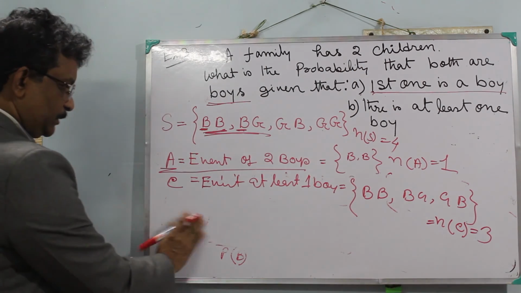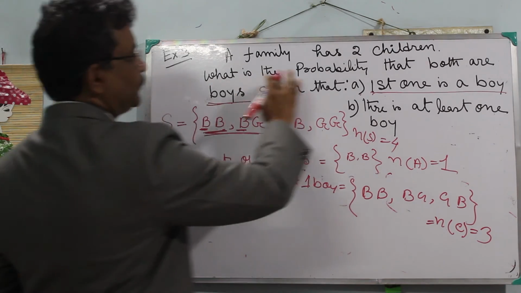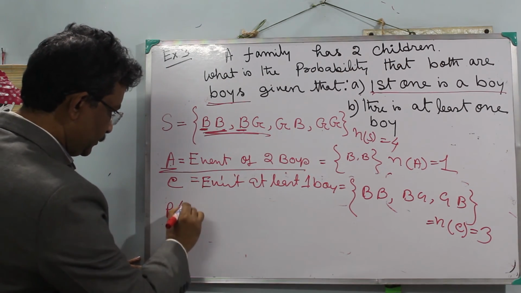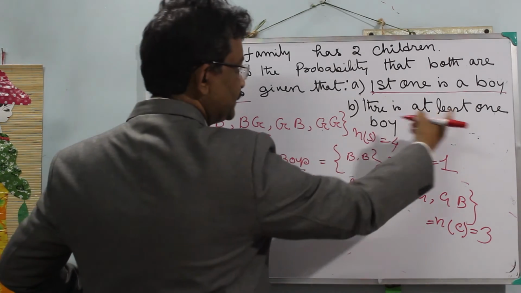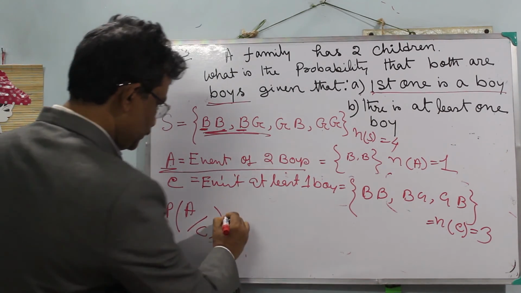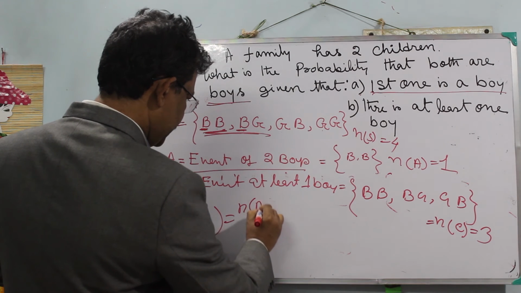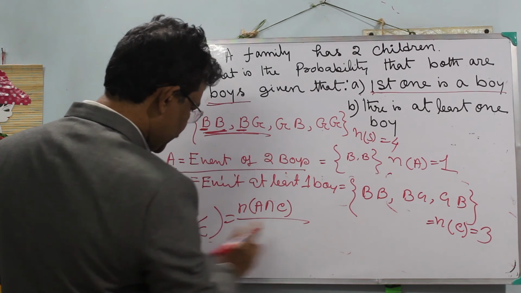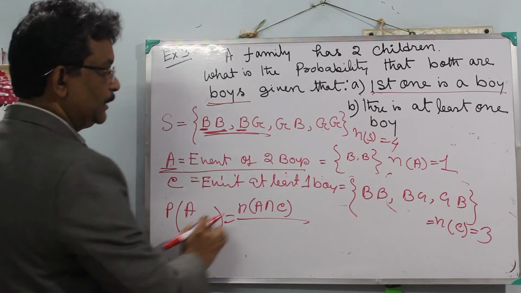Clear? Now it is asked, what is the probability that both are boys? That means probability of A, given that there is at least one boy, that is given C. So this is equal to the number of elements of A intersection C, whole divided by the number of elements of C, since C has happened.